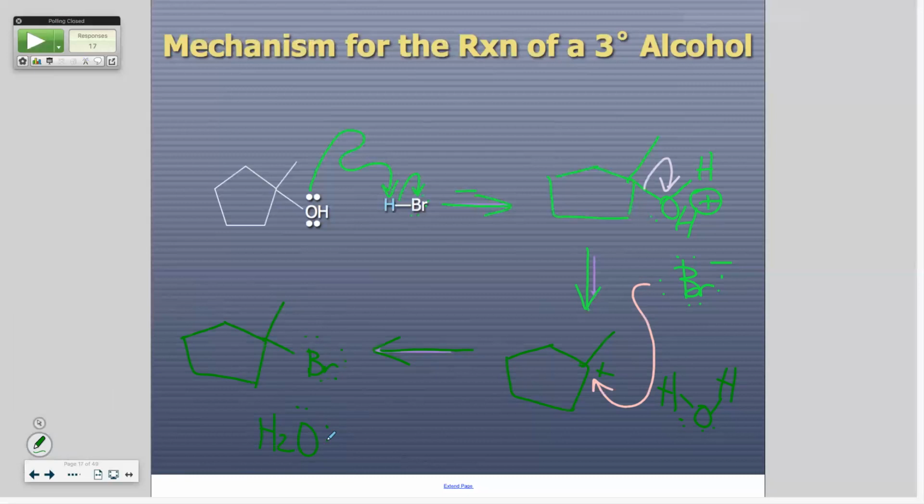In other words, which step is the slowest step? It's the second one. Protonation is fast, negative to positive is fast. This is your rate determining step. So that will be the high point in your mountain range.